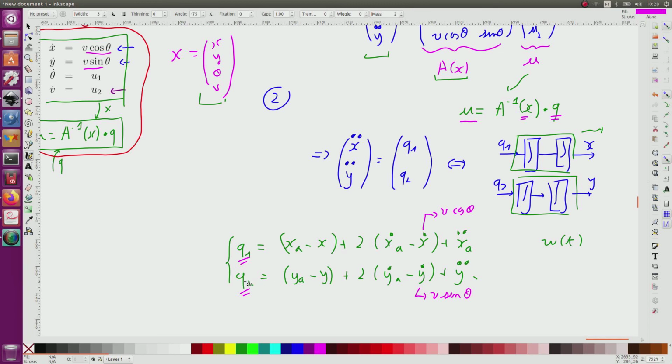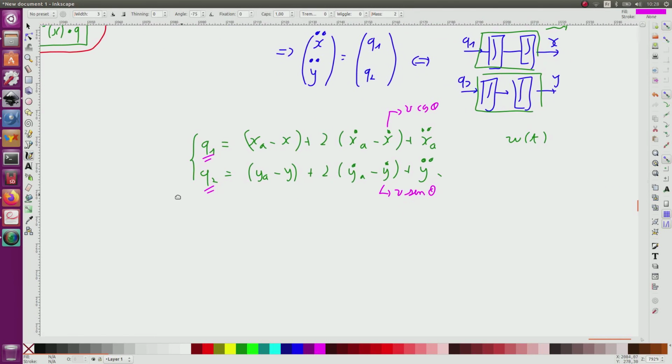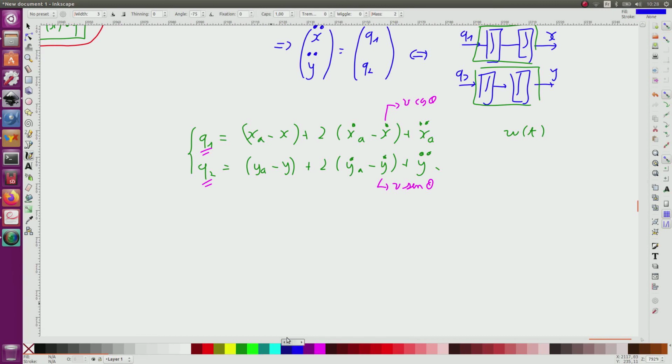As a consequence, the resulting controller is u1, u2 is equal to, so I take the matrix A of x, which is this matrix, to the power minus 1, and I will multiply by q1, q2.